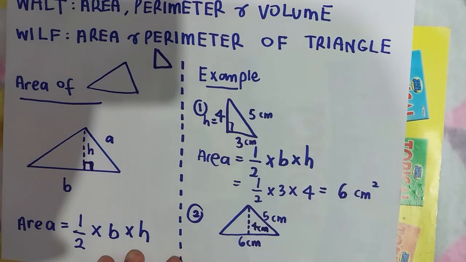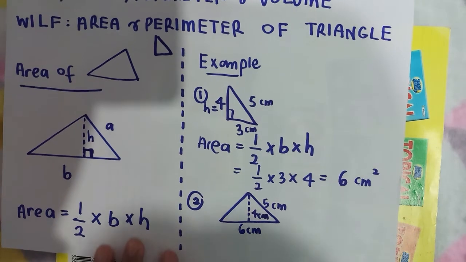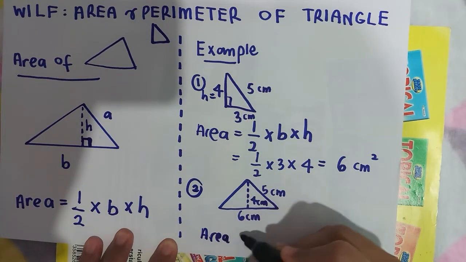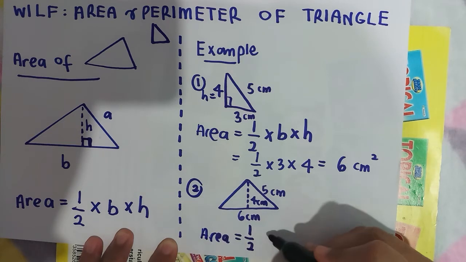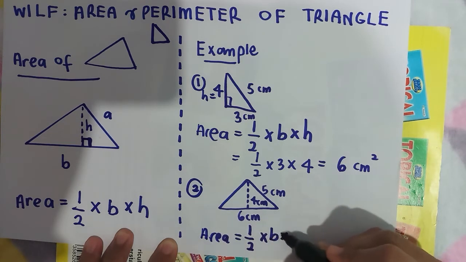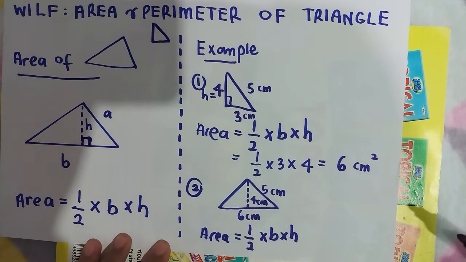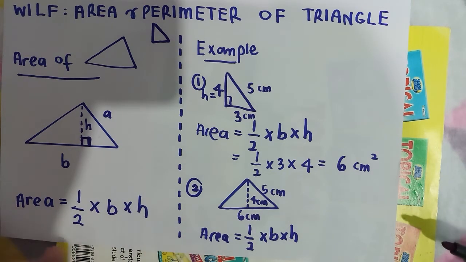How do we find the area of this triangle? Remember, the area of a triangle equals 1/2 times base times height. Now which one is the base? This is your base, which is 6.